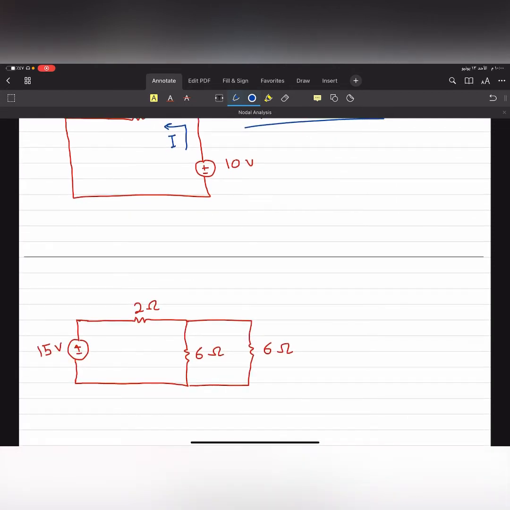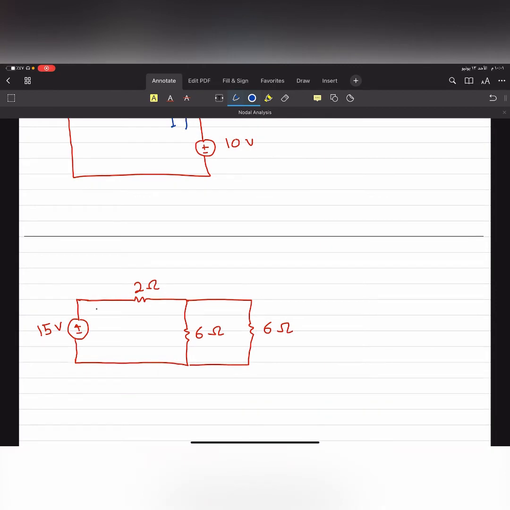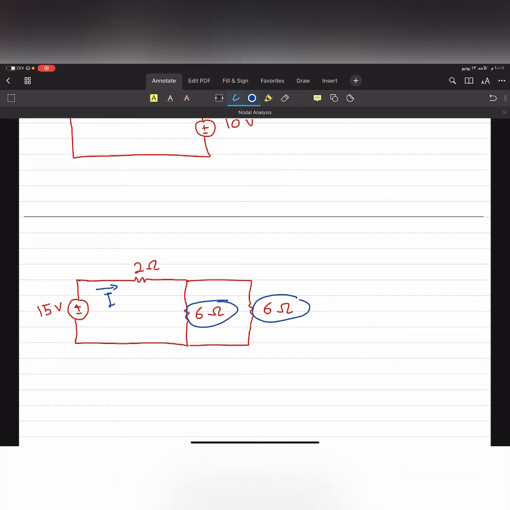Also in a circuit like this, if you wish to find the current passing here, how do you find it? First of all, you have to take these two resistances in parallel. You will have 3 in series with 2, so you will have 5, so it will be 15 volts as a battery with 5 ohms next to it.